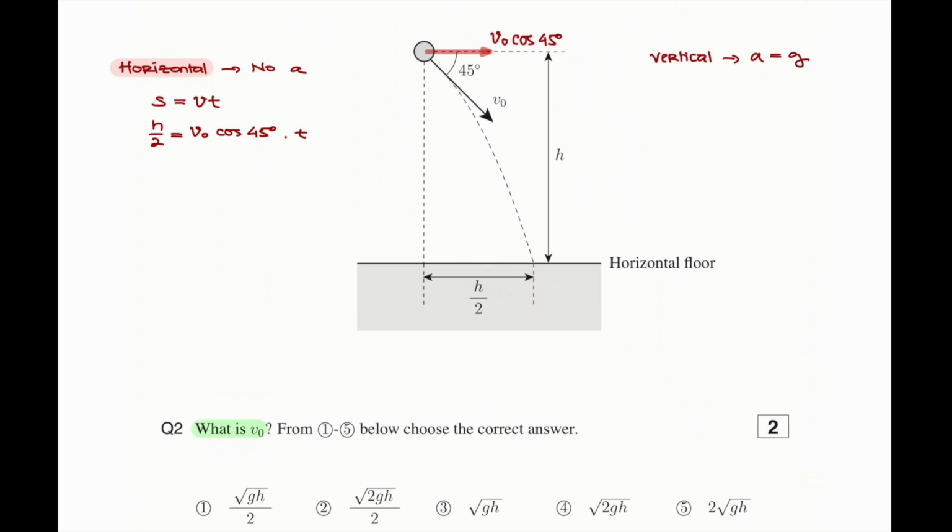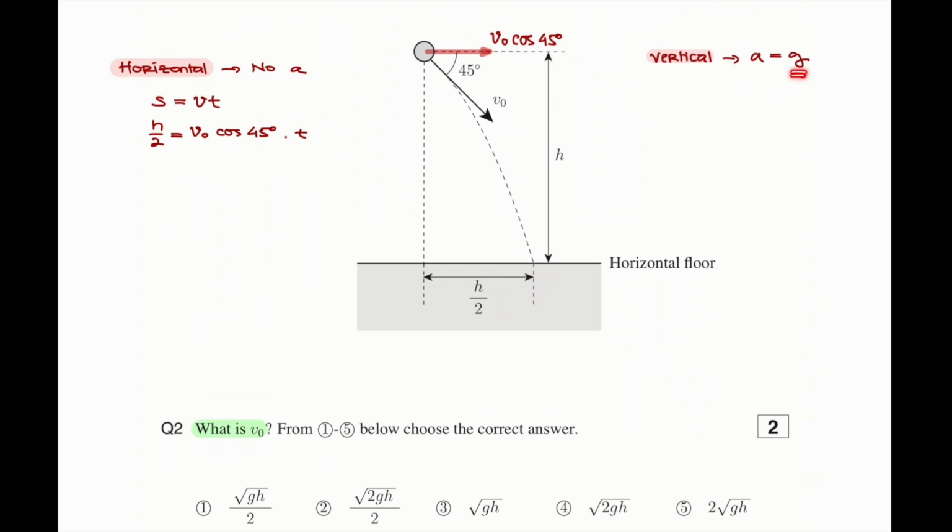And then let's move to the vertical component, because we cannot do anything about this equation. We still do not know h, we still do not know time. So I will move to the vertical component. For the vertical component, there is an acceleration equal to the acceleration of free fall, or gravity, which is g.